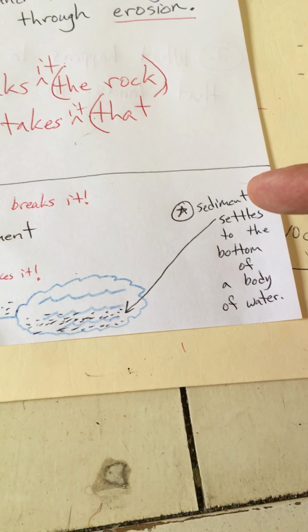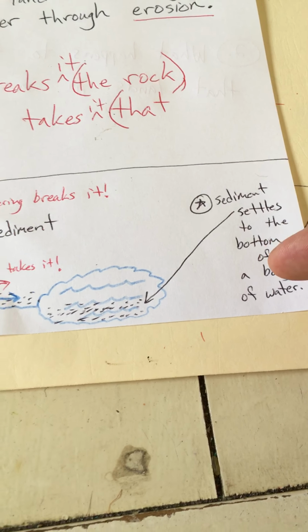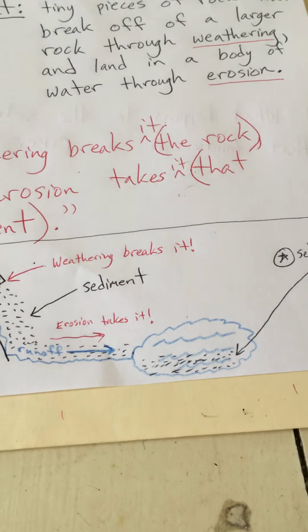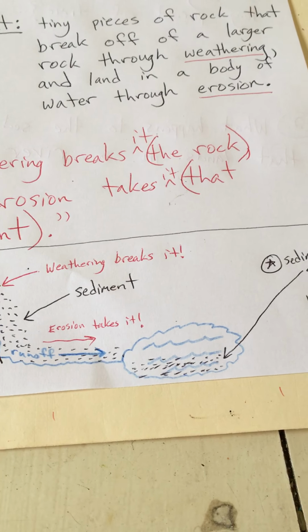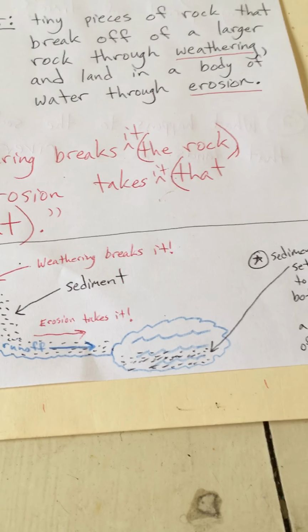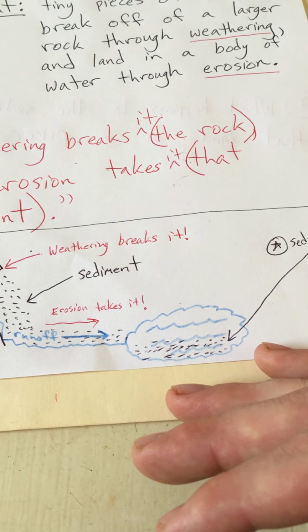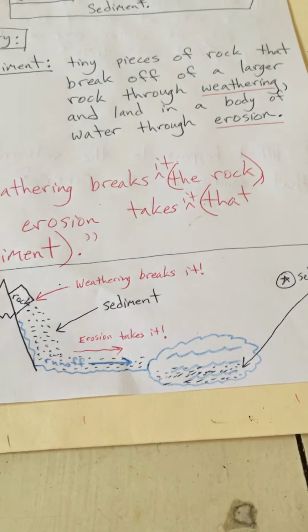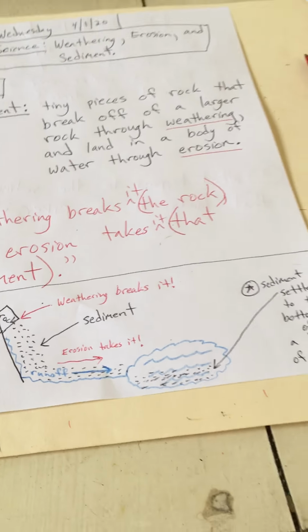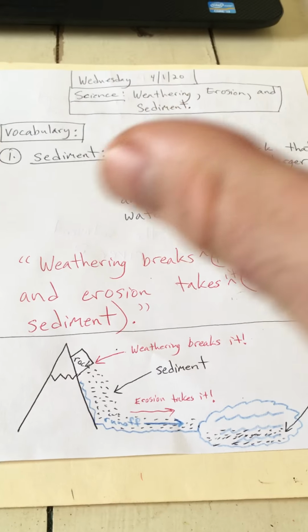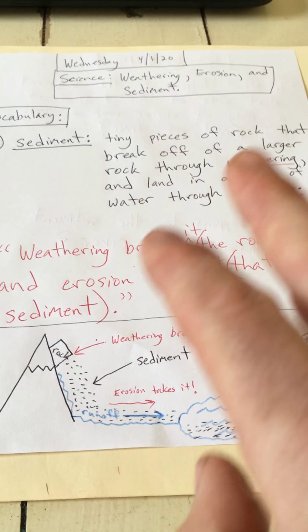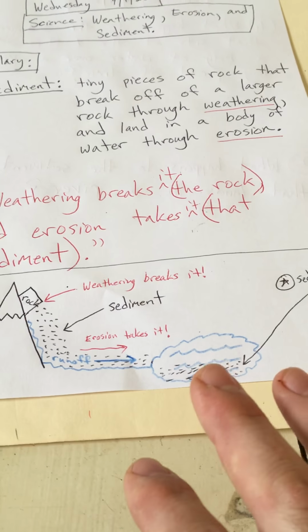And what happens is the sediment settles to the bottom of the body of water. So picture a lake. All of the sand and all of the soil has settled down to the bottom. If you pour sand into a cup of water, it is going to slowly sink to the bottom because the little pieces of rock are heavier than the water.